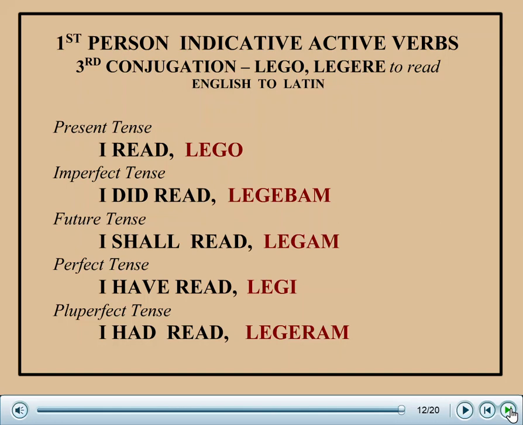Perfect tense, I have read, legi. And the pluperfect tense, I had read, legeram. The first person indicative active verbs for the third conjugation, lego, legere, to read.